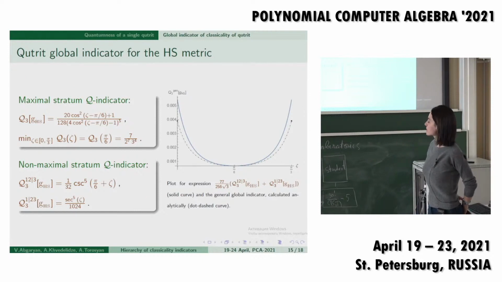And so calculating it, we get some results for the maximal stratum of the Q indicator and also the non-maximal strata for two degenerate cases where the dimension was 4.